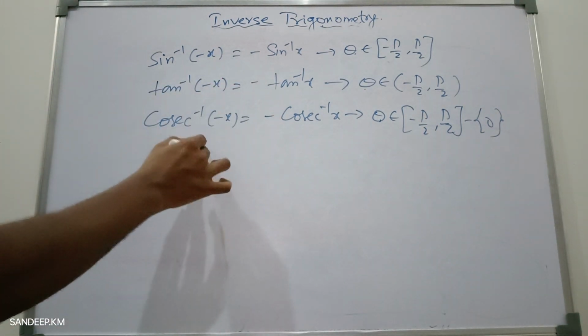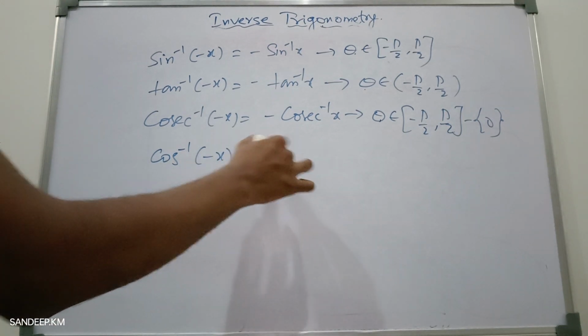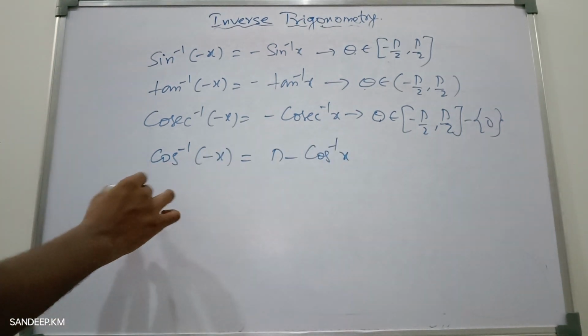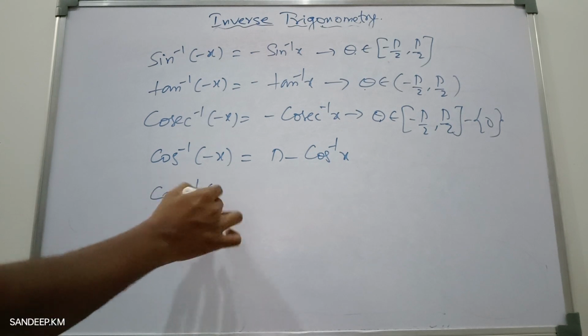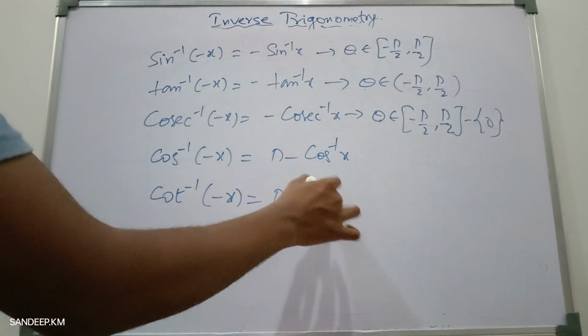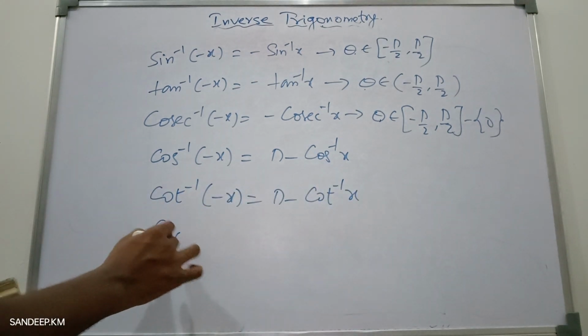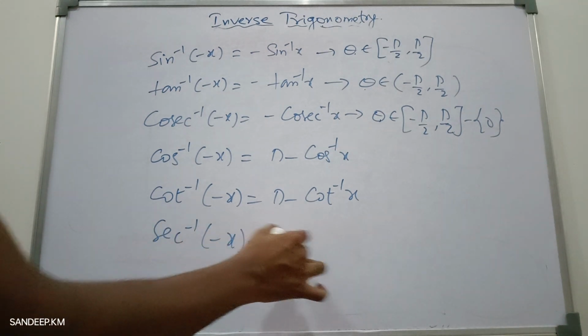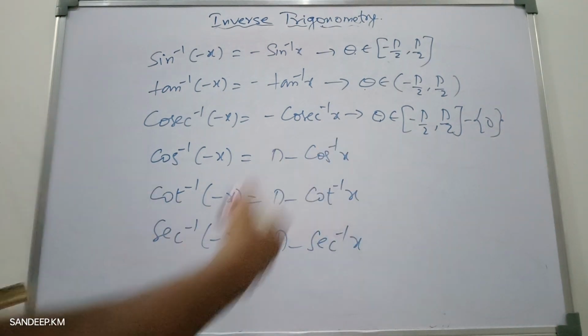And cos inverse of minus x is pi minus cos inverse x. Then cot inverse of minus x is pi minus cot inverse x. And finally sec inverse of minus x is equal to pi minus sec inverse x. Why? What is the reason?